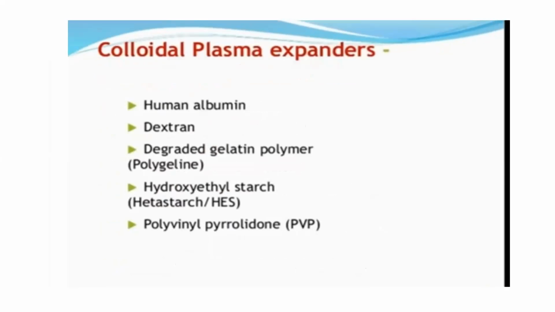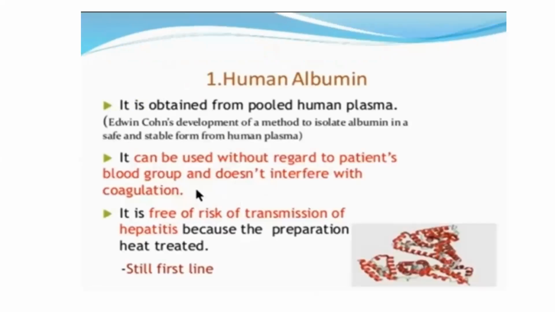Colloidal plasma expanders. Examples of colloidal plasma expanders are plasma albumin, dextran, degraded gelatin polymer polygelatin, hydroxyethyl starch (HES, hetastarch), and polyvinyl pyrrolidone (PVP). First is human albumin. It is obtained from pooled human plasma.